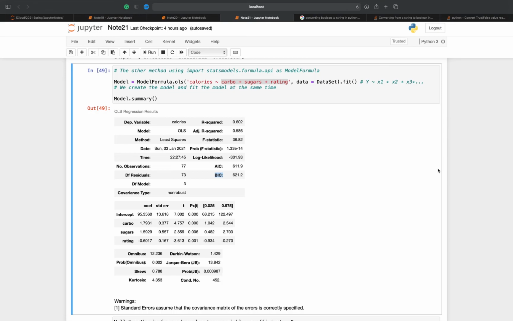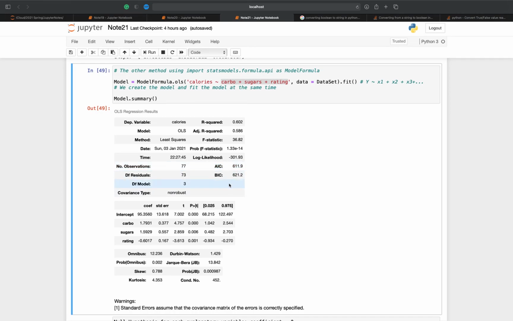AIC, for example, is the estimate of a constant plus the relative distance between the unknown true likelihood function of the data and the fitted likelihood function of the model. A lower AIC means a model is considered to be closer to reality. So if AIC is smaller, the model is better when you're comparing 2-3 different models.